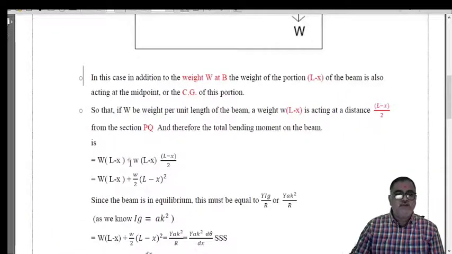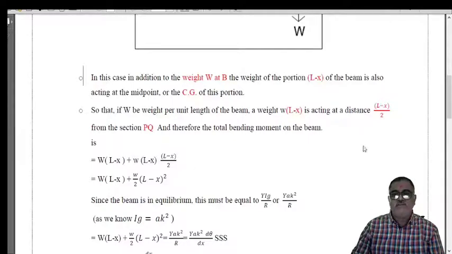See now, for calculating the total bending moment, we have been seeing bending of beam and bending moment and how it is calculated. Here W is a weight acting at distance L minus x, plus w into (L minus x) is a weight acting at a distance (L minus x) by 2.